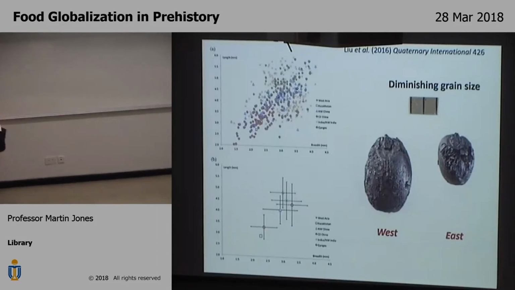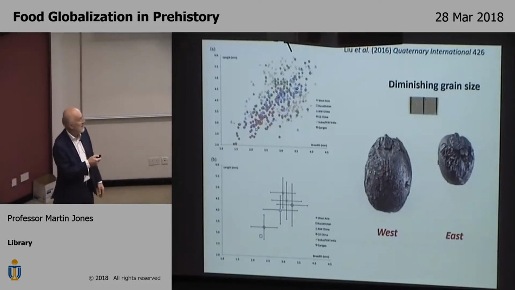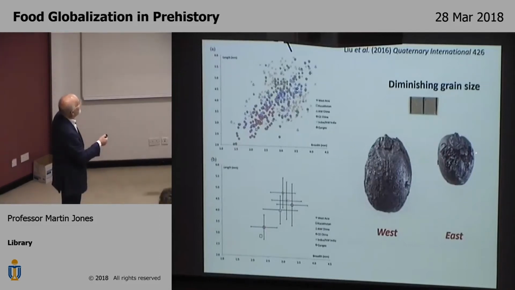And so just as the stickiness is selected out, you can see exactly the same thing happening with the grain size. Here's the wheat grains from the West, and in the East, the wheat grains are sometimes half the size. And this is just measuring the charred grains that come from the flotation samples.